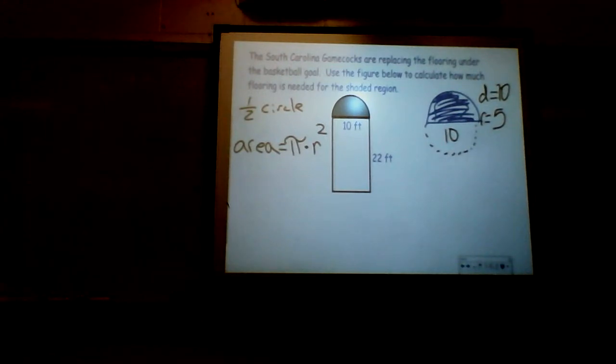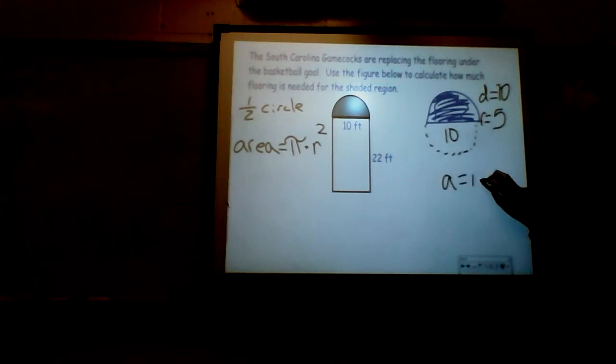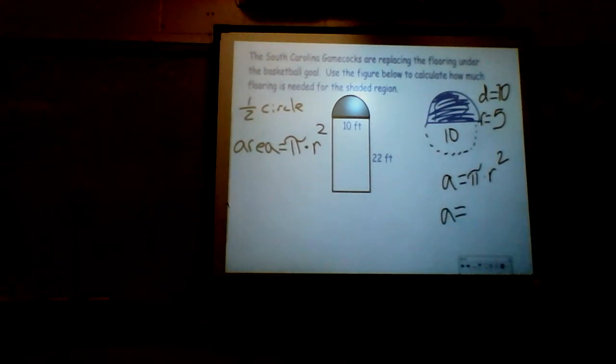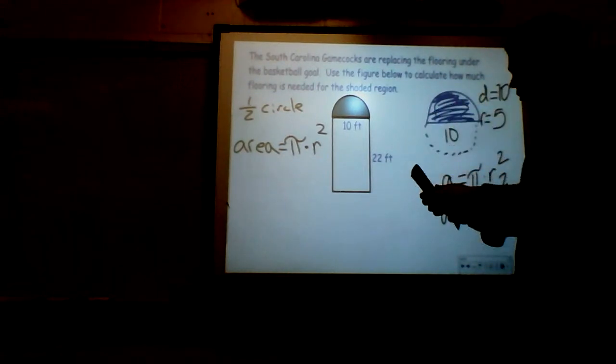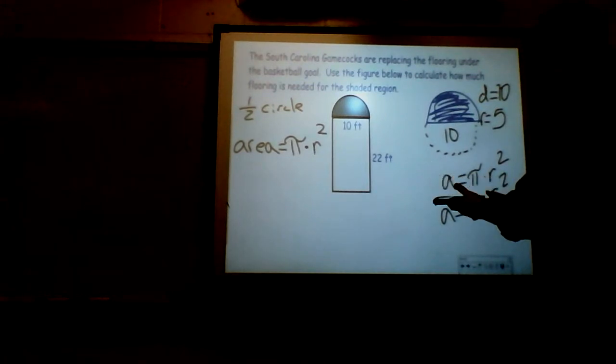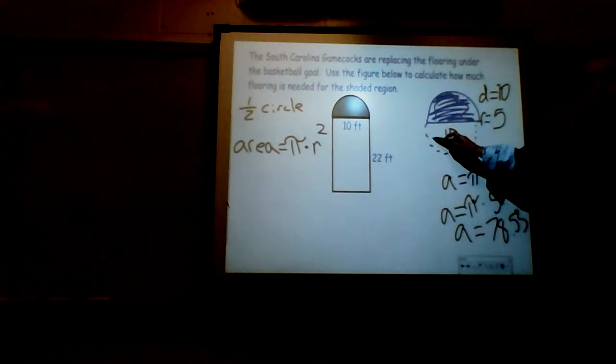So, here's what I'm thinking. To find the area of a whole circle here, I would use a formula: area equals pi times radius to the second power, or area equals pi times 5 to the second power. I'm going to use my calculator and determine that now. Pi times 5 to the second power gives us an area of the whole circle of 78.53 if we had an entire circle.